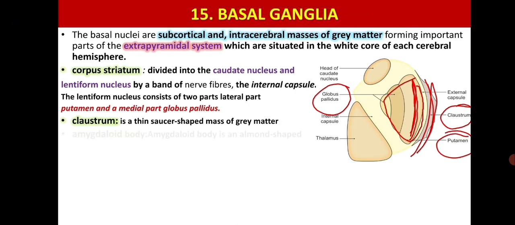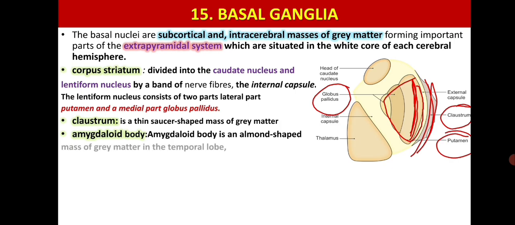And the next is the amygdaloid body. The amygdaloid body is an almond shaped mass of gray matter situated in the temporal lobe. So all three together are known as the basal ganglia: number one is the corpus striatum, number two is the claustrum, number three is the amygdaloid body.